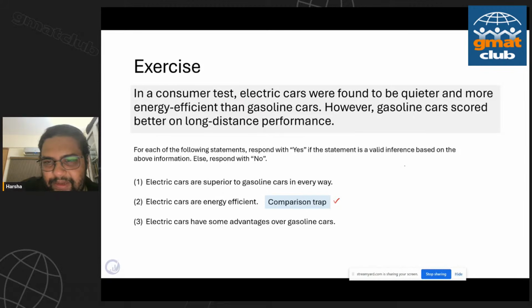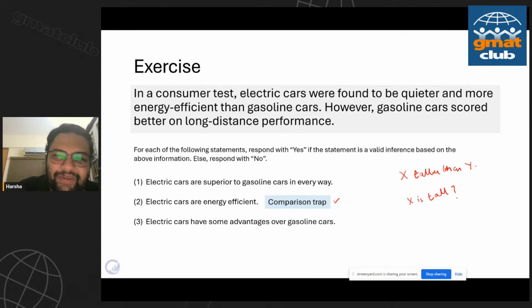A simple parallel example. If I give you the statement that X is taller than Y, some of my students, if you're here, you guys are probably fed up of this example, but yeah, I use it a lot. If I give you the statement X is taller than Y, all that tells you is that X is taller. It doesn't tell you that X is actually tall.